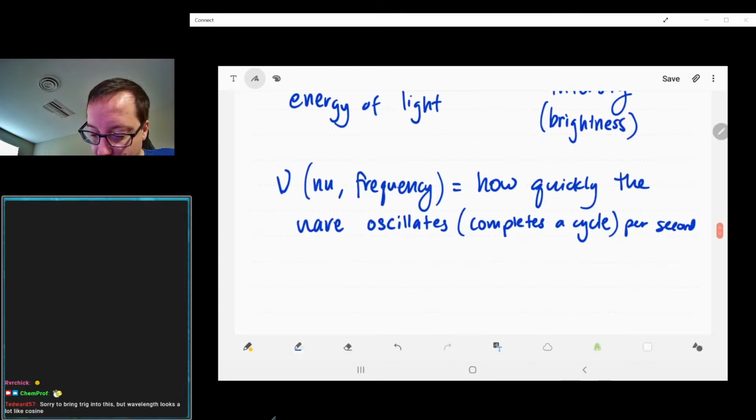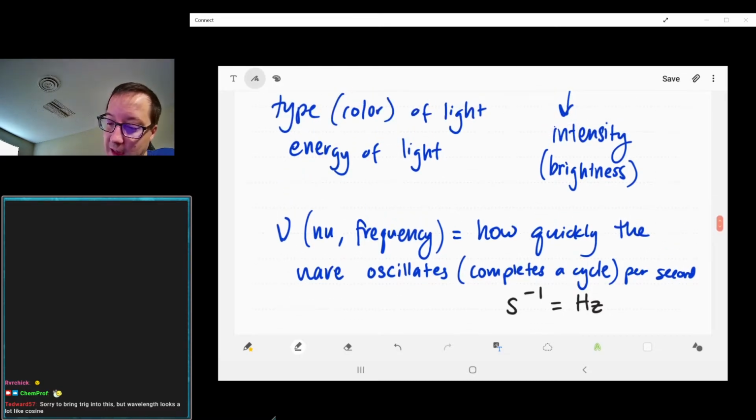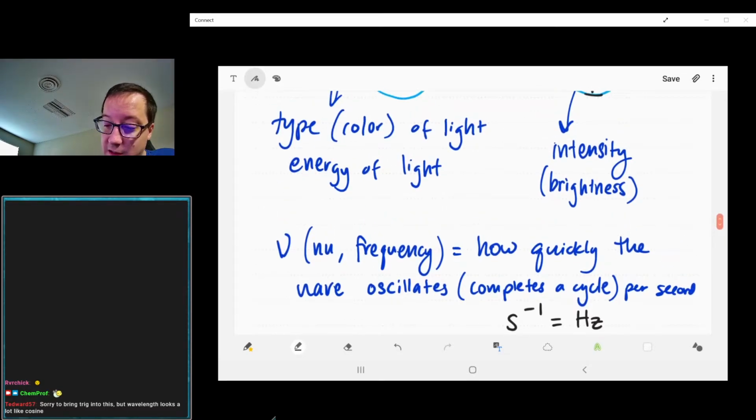And so we can see here that the frequency is going to take some unit of per second, or something called hertz, which is the same thing as inverse seconds. So something like RPM could be done in hertz as well. Rotations per minute. Hertz is just how many per second. And the wavelength is done by some sort of meters, right?